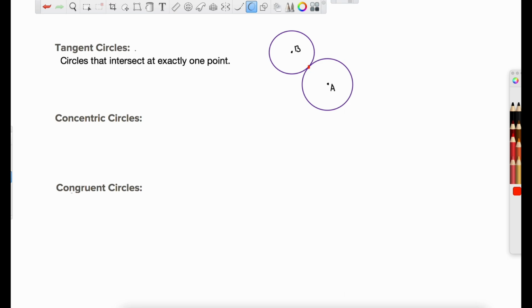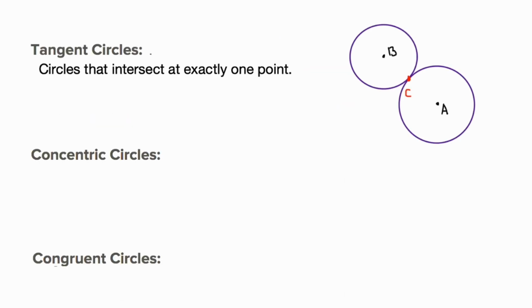We'll call that C. And from the point of tangency, we would be able to draw a tangent line like this. So this tangent line is tangent to both circle A and circle B.